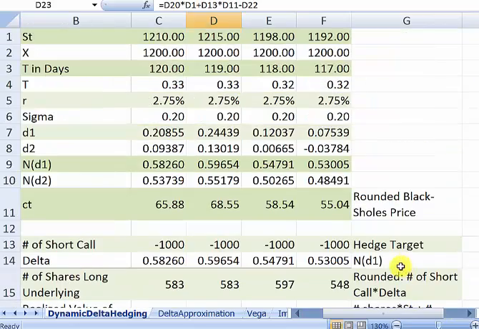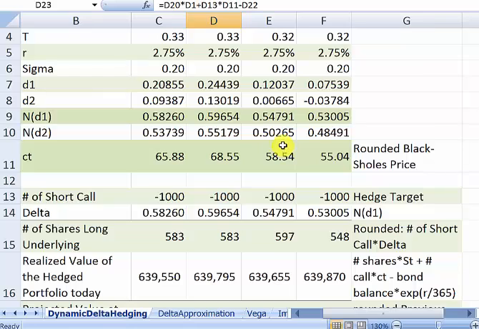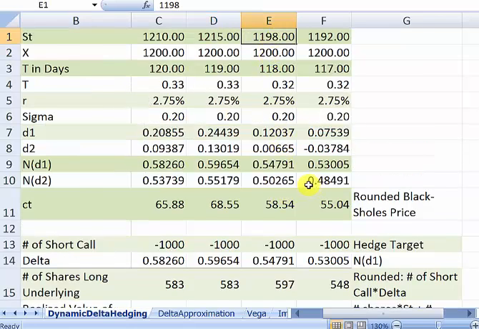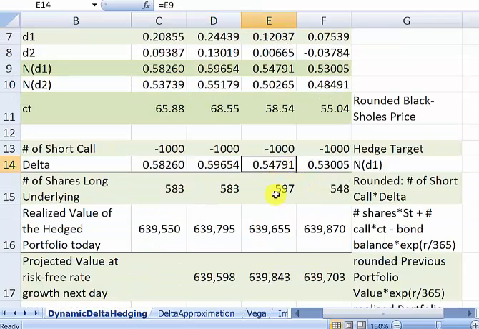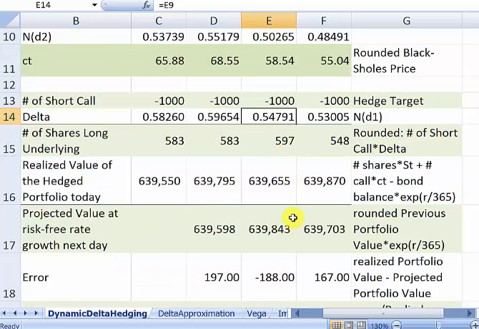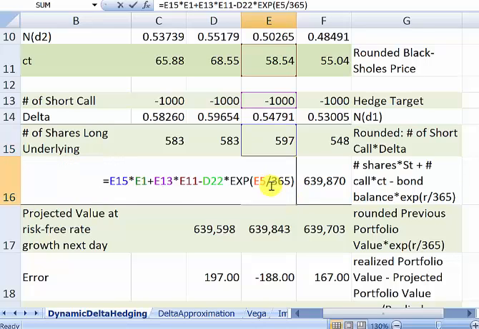Okay, now look at basically the next 2 days. We do the same business, except the price now is declining, and then we have a lower delta. So we have 597 shares, right, before adjustment, and it's the same formula.